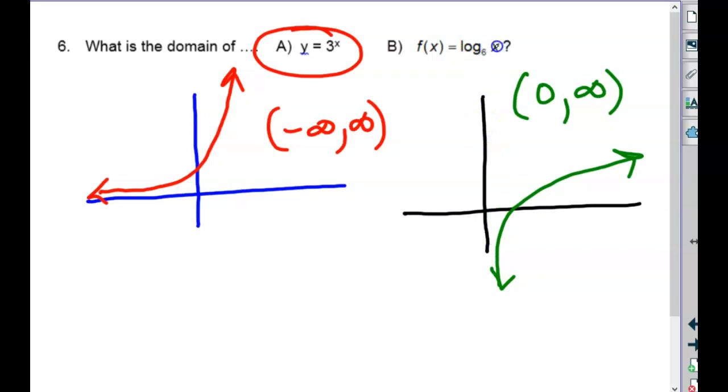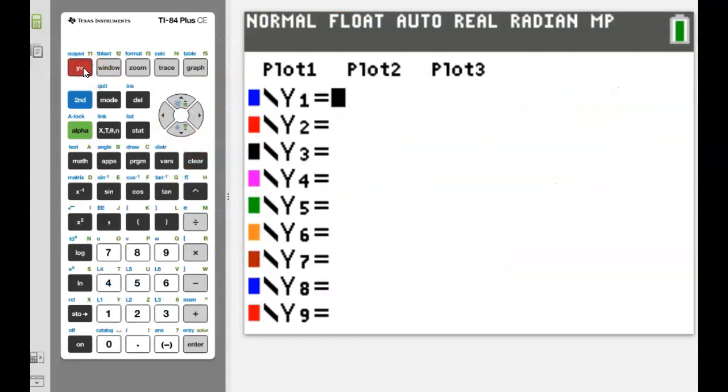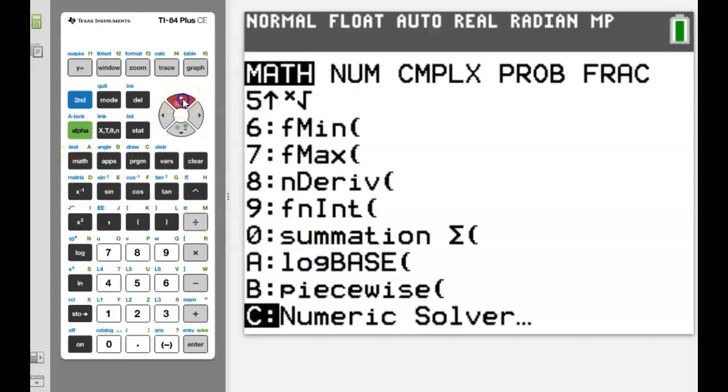I don't know how many of you remember how to graph log base 6 on your calculator, but any questions? It would be y equals math, up arrow to find log base.